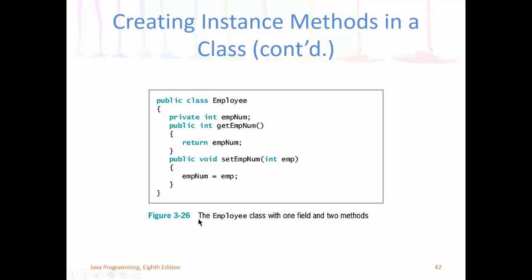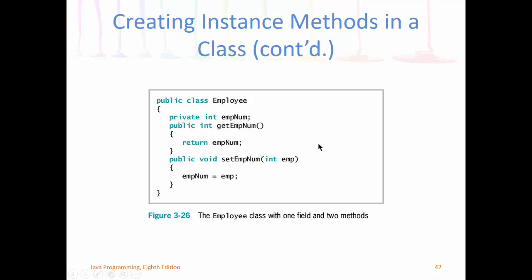All right, let's take a look at the set first. It's the bottom one, but I'm talking about that one first because to me that makes more sense. If I'm in a program and I'm creating an instance of an employee, one thing I might do is set the person's ID number or employee number. As I'm creating the object, I would say set employee number, and in the parentheses I'd put 1, 2, 3, 4.